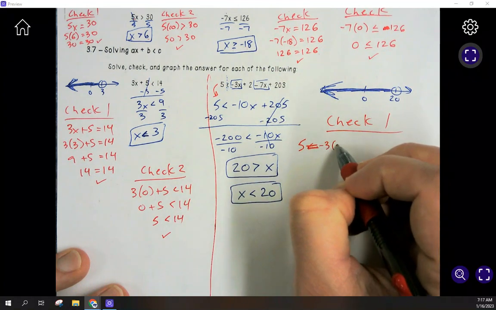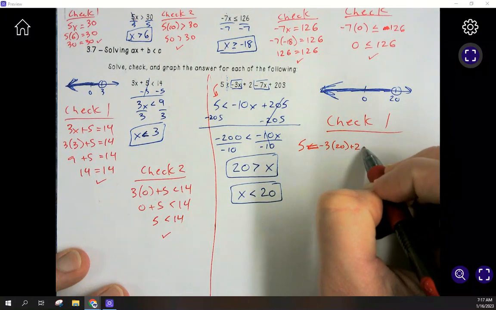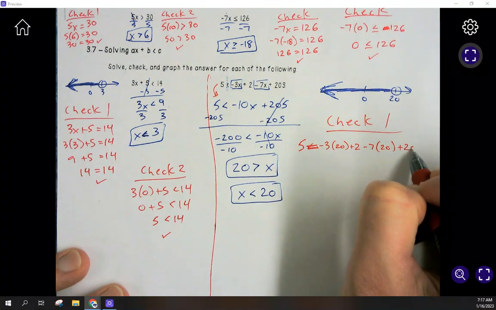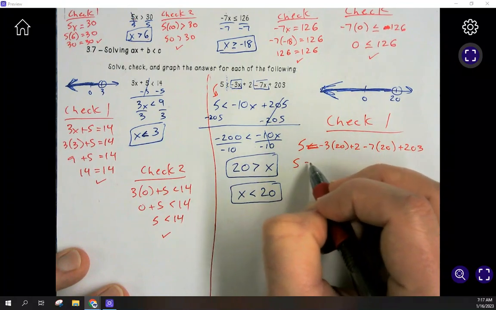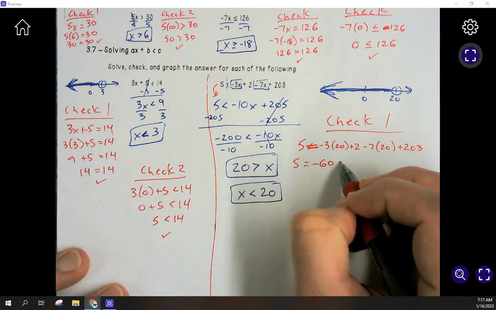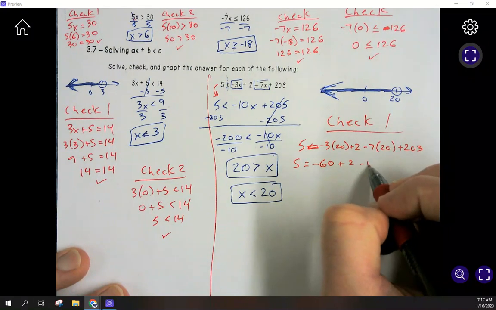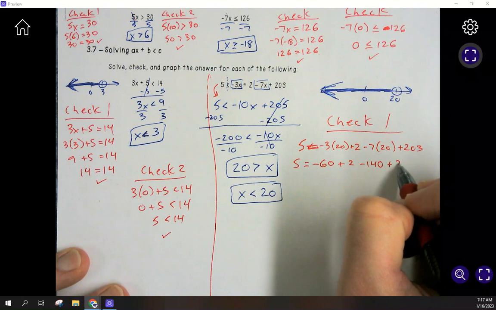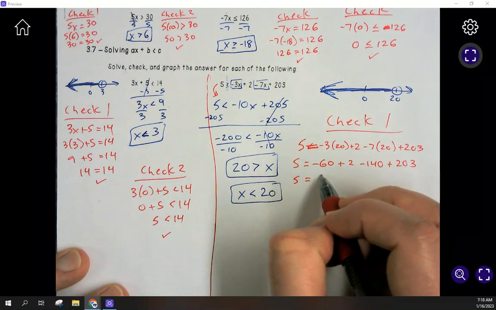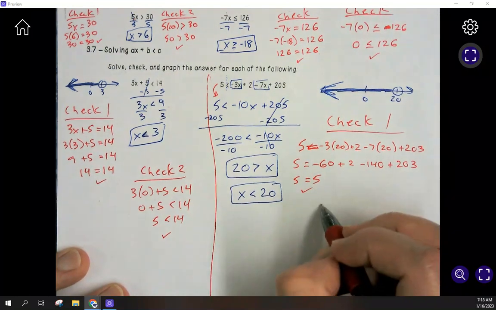So negative 3 times 20 plus 2 minus 7 times 20 plus 203. All right, so that's going to be negative 60 plus 2 minus 140 plus 203. And you can plug all of this into your calculator, and it does come out to 5. So we're good there.